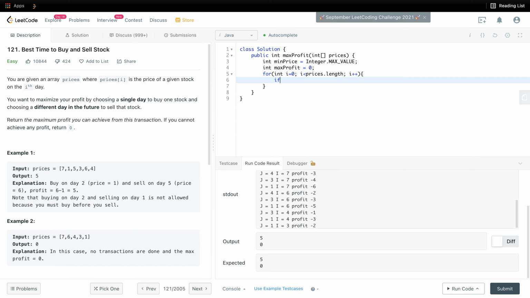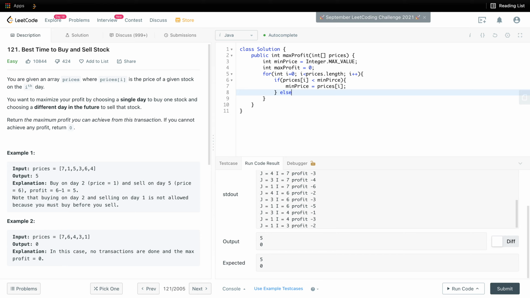Now here what I can do is check if my current price is less than minimum price or not. So prices of i is less than minimum price or not. If it is less than minimum price, in that case we'll update the value of minimum price to the current price.